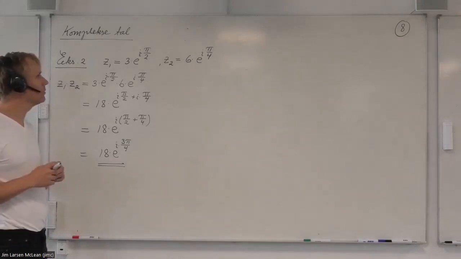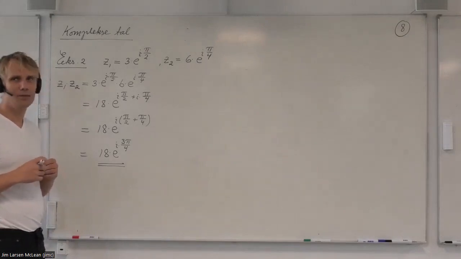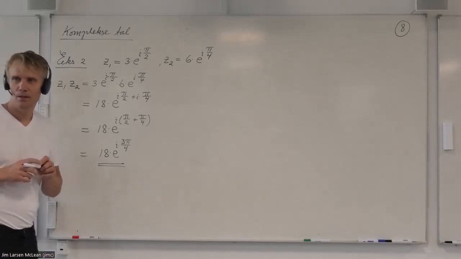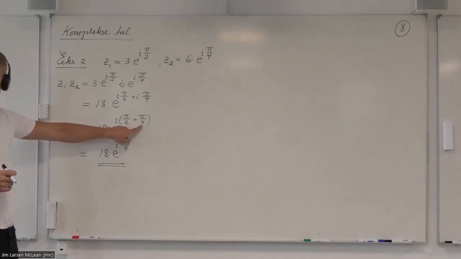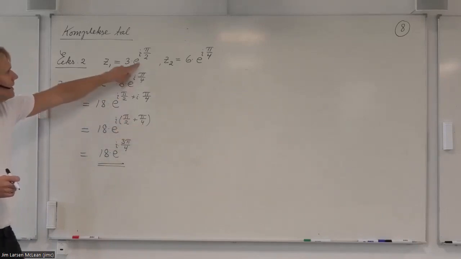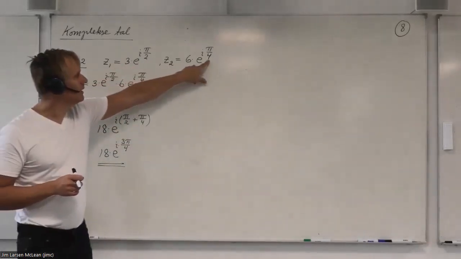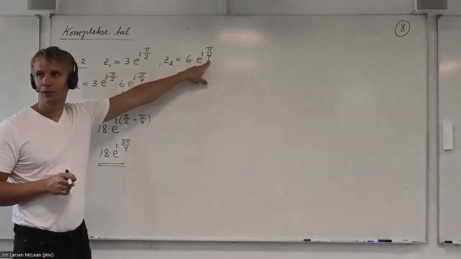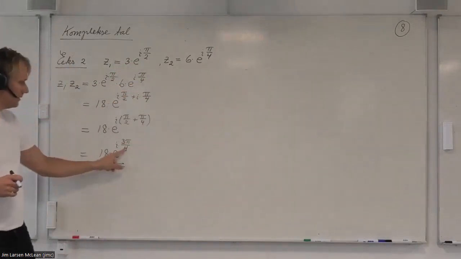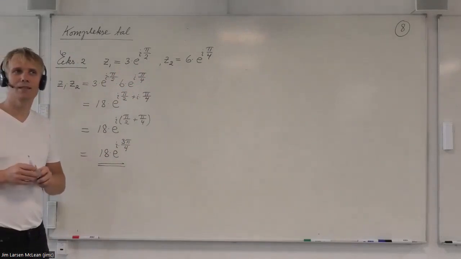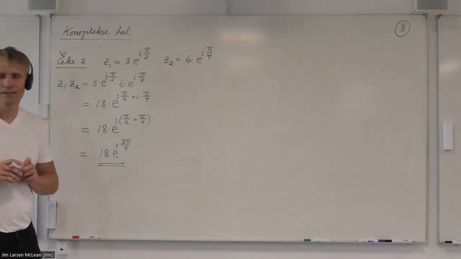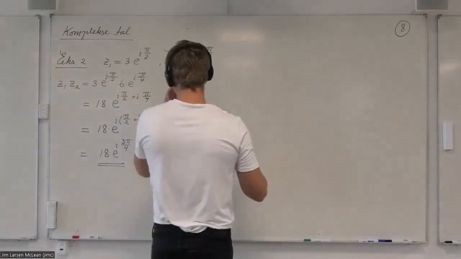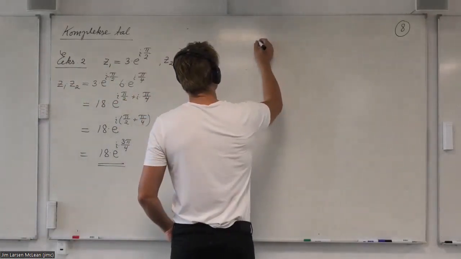So when you multiply two complex numbers, you multiply their moduli. And what has happened? Well, we can see that the angle has changed. So the angle from this complex number, which was 90 degrees, has been combined with the angle from the other, which was 45 degrees. So you multiply two complex numbers by multiplying their moduli and adding their arguments. And it becomes crystal clear how it works when I do it with symbols.